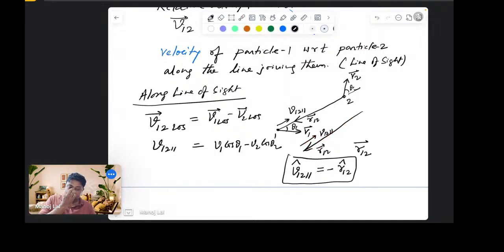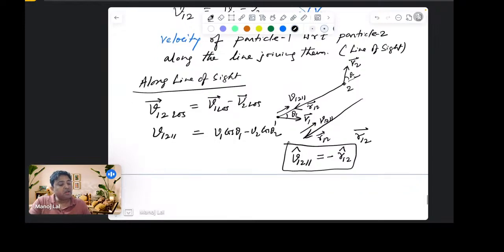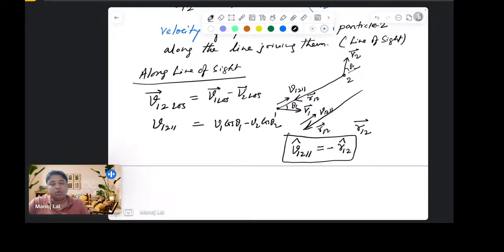So this is what the velocity of approach is, the velocity along the line joining two particles. V12 parallel, I should name it the velocity of approach. Basically, this is v1 cos theta 1 minus v2 cos theta 2.